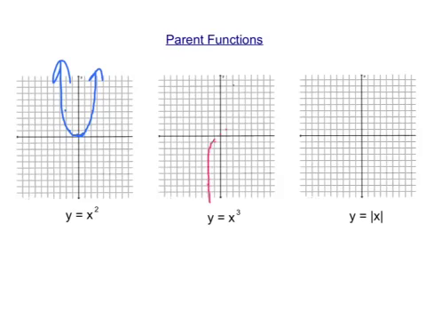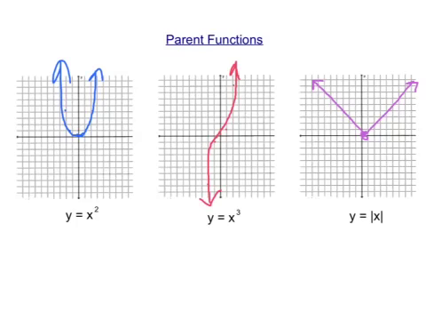Connect our dots and we end up with an S-shaped graph. And finally we have our absolute value. Absolute values form a V through 0, 0, 1, 1, 2, 2, negative 1, 1, and negative 2, 2. Pretend that point is at my origin. I'm a little off, bear with me.